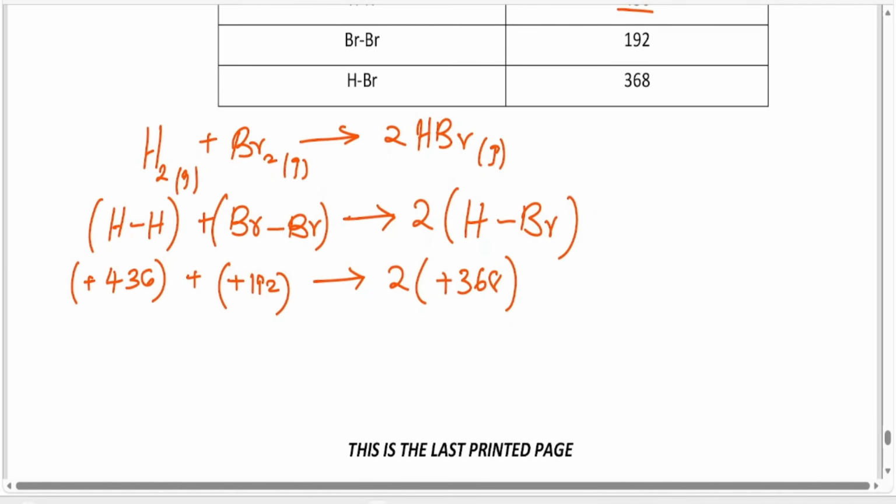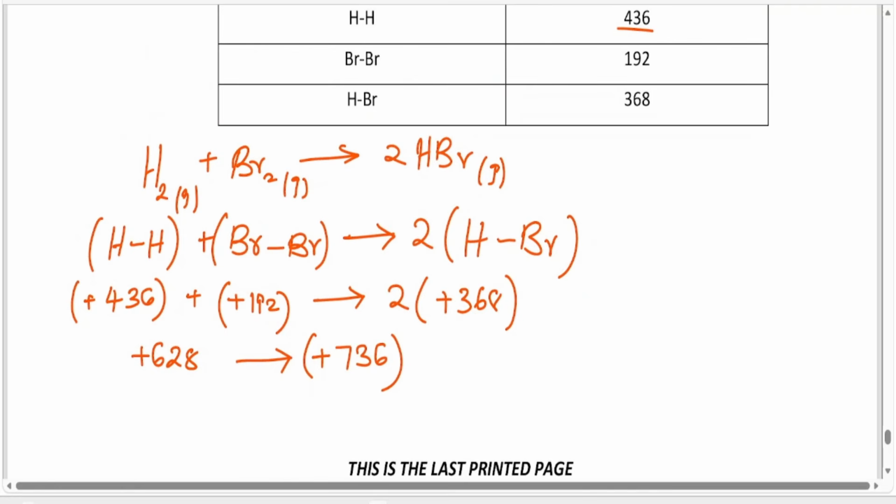When I do my summation, I obtain positive 628 on the side of bond breaking, and on the side of bond formation I obtain positive 736.